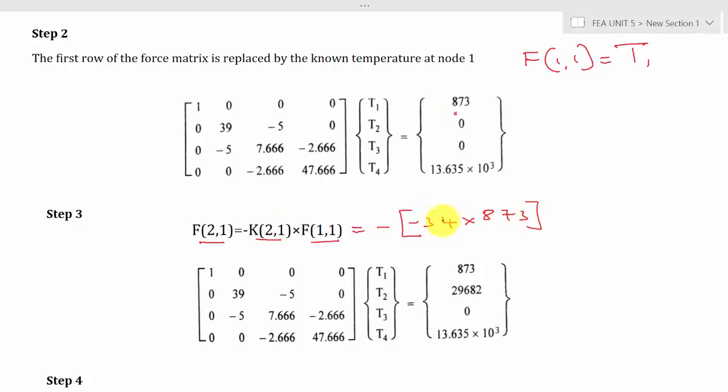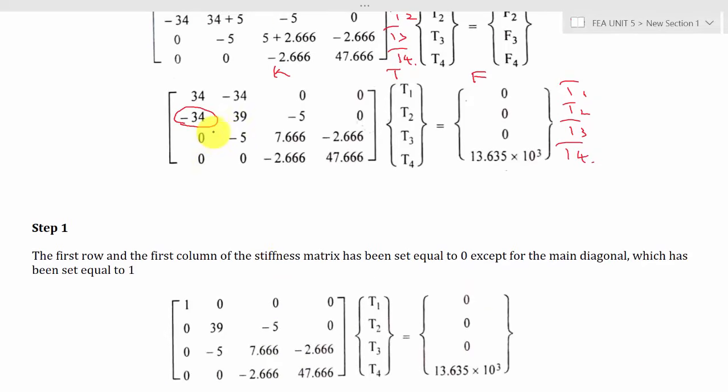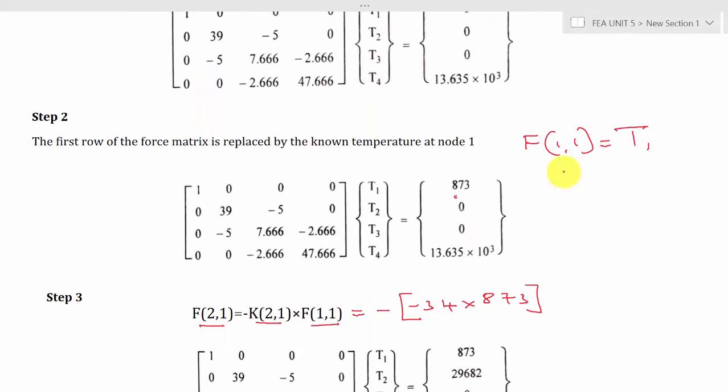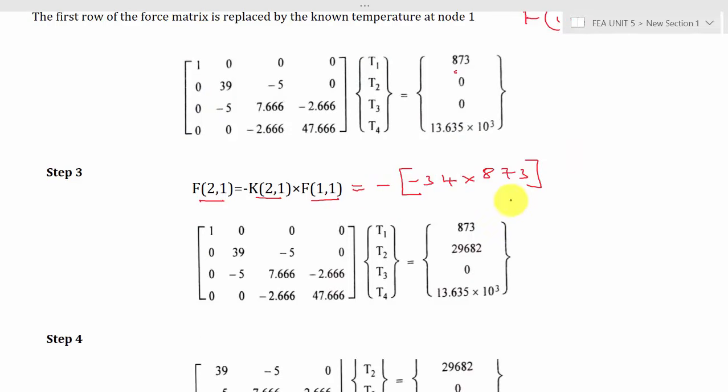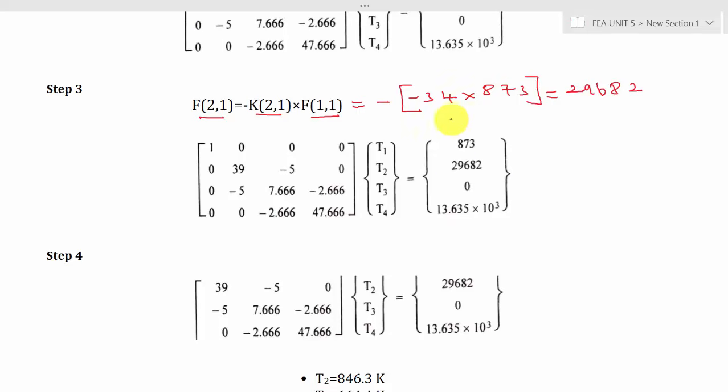So this step is very, very important. So k of 2 comma 1 is minus 34 into the known temperature 873. Okay. So that is equal to, minus and minus will get cancelled. I will get 29682. Okay. So now I am replacing this f of 2 comma 1 by this calculated value.